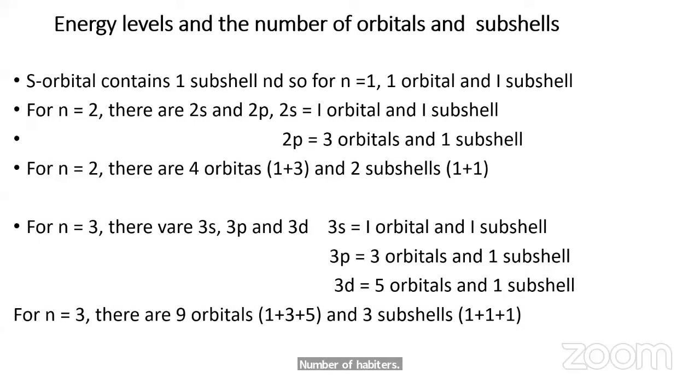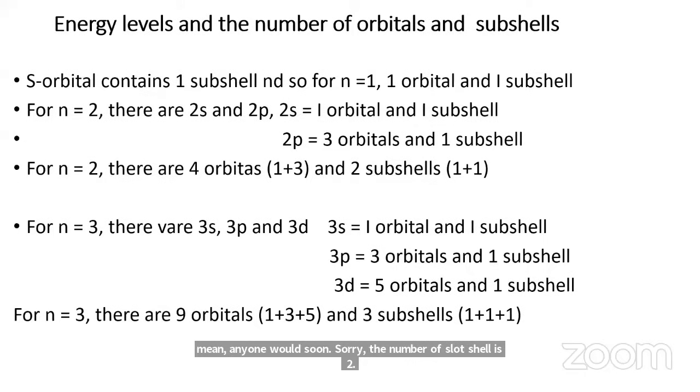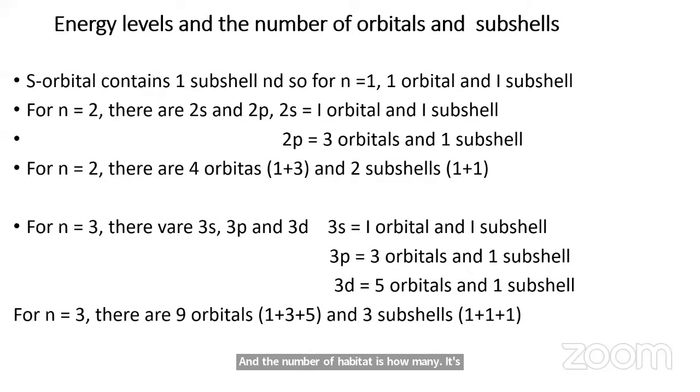I want to start with n equal to 2 to explain this so you'll understand it better. For n equal to 2, the number of subshells is 2, and the number of orbitals is how many? It's 4. You know how we got the 4: 1 s orbital and 3 p orbitals.